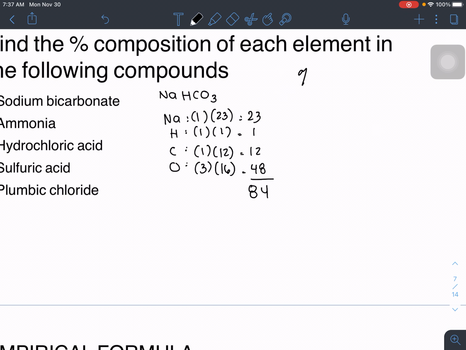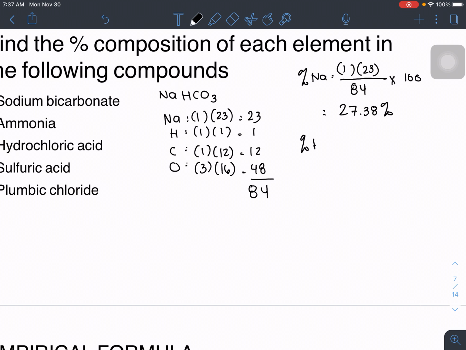The next step is to compute the percentage composition of each element. Percentage Na: there is 1 atom of Na, the mass number of Na is 23, over 84 multiplied by 100. That will be 27.38%.